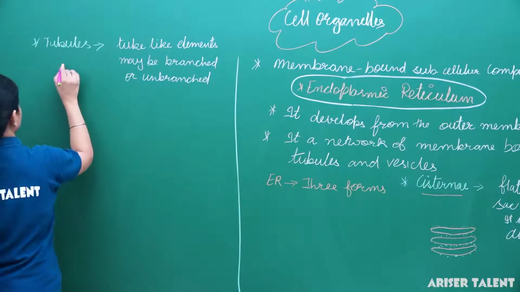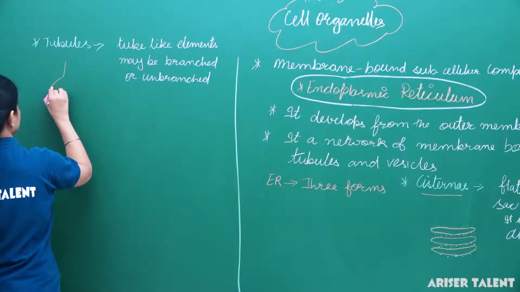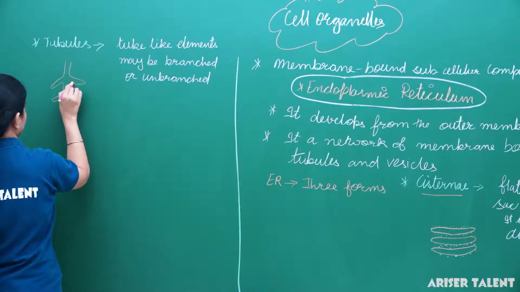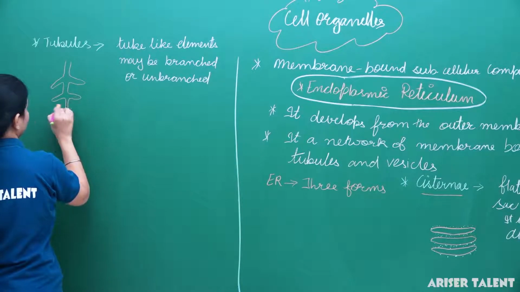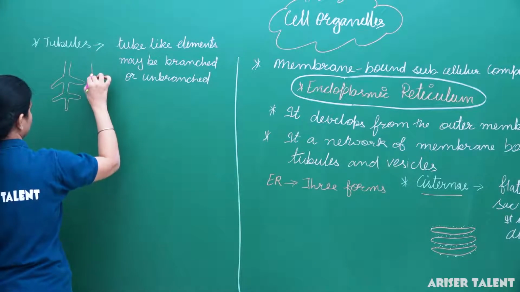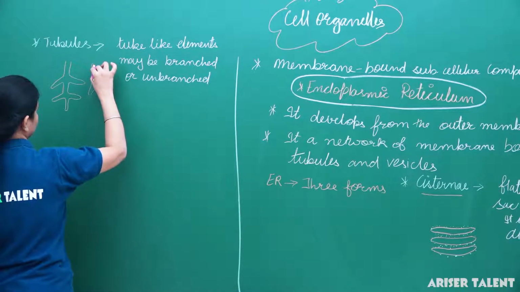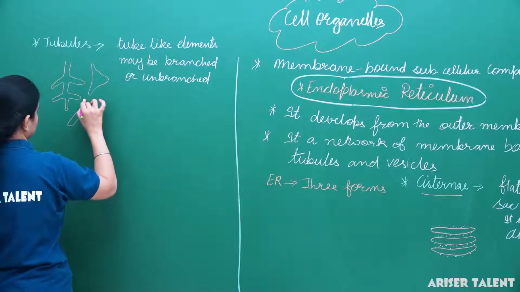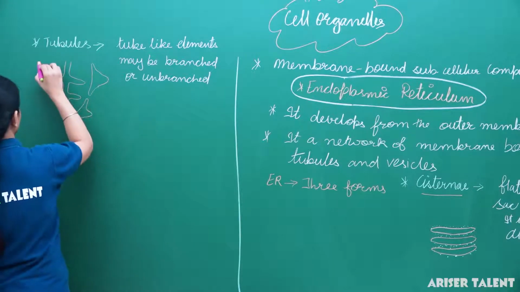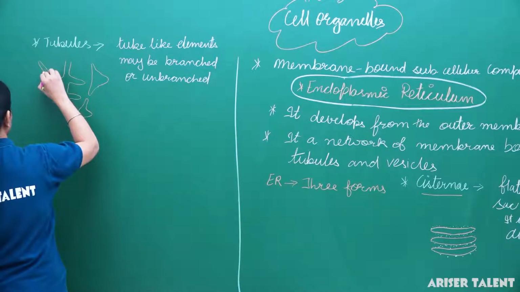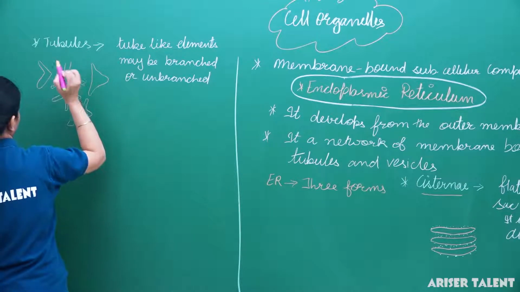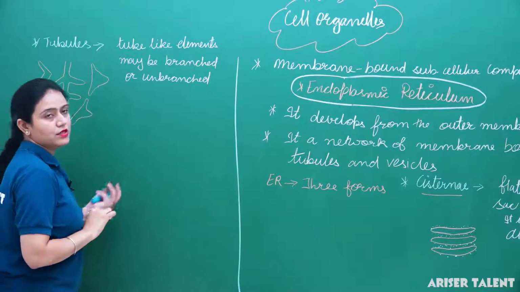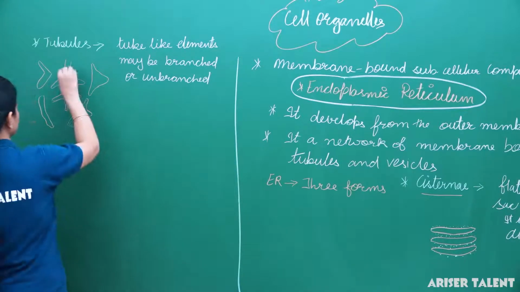Here we can see these are tube like. Generally they are branched, hardly they are unbranched. So what are they? They are tubules.